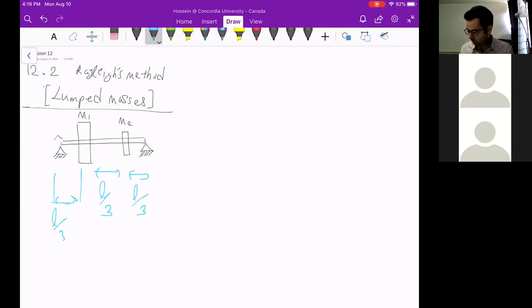And M1 is given as 2M2, and EI is constant throughout the whole beam.